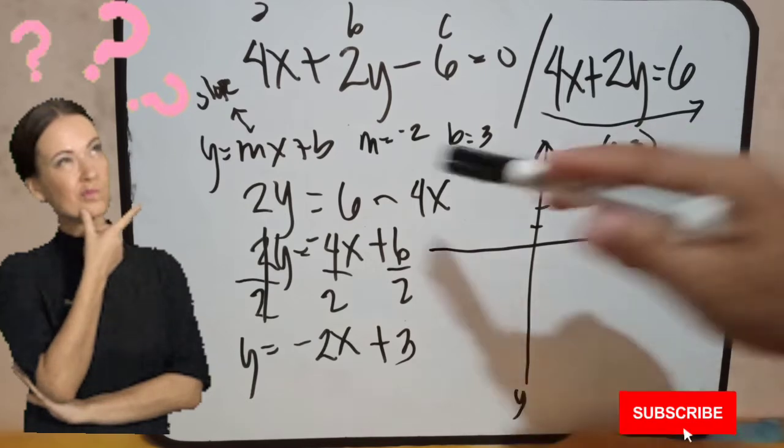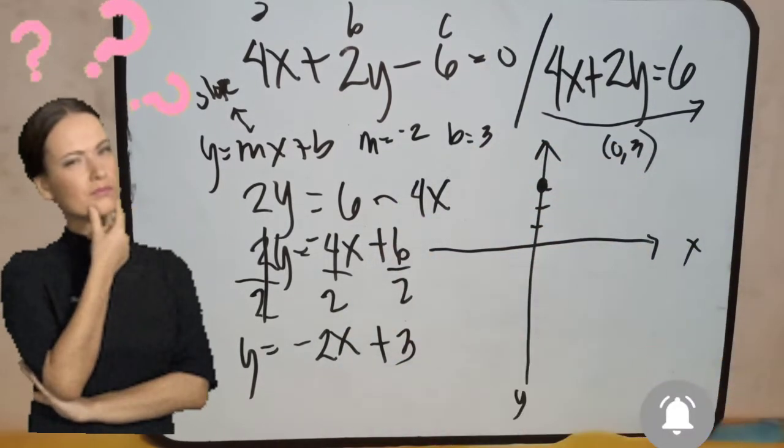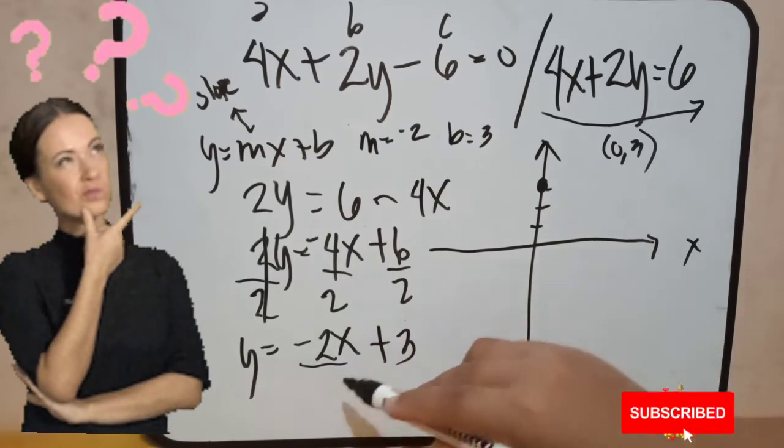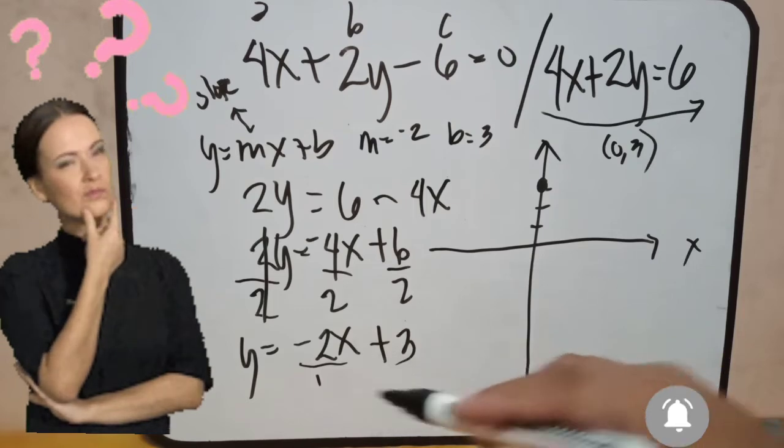Now our m here is a single number, negative 2, so automatically there must be a denominator.